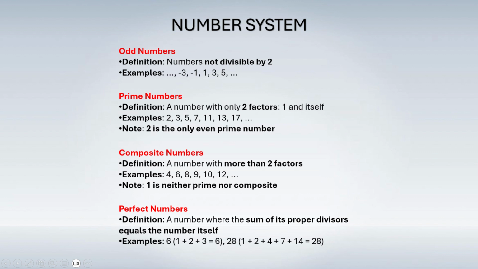Perfect number. A number, the sum of whose factors is equal to the number, is called a perfect number. Example 6, 28, 496. The factors of 6 are 1, 2, 3, and the sum of the factors 1 plus 2 plus 3 equals 6.